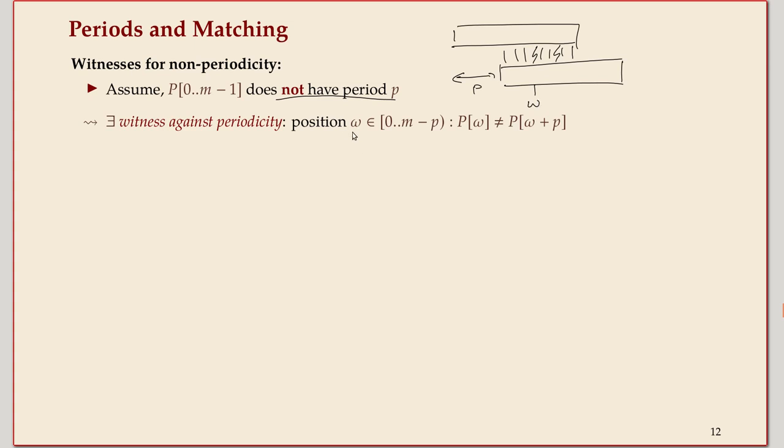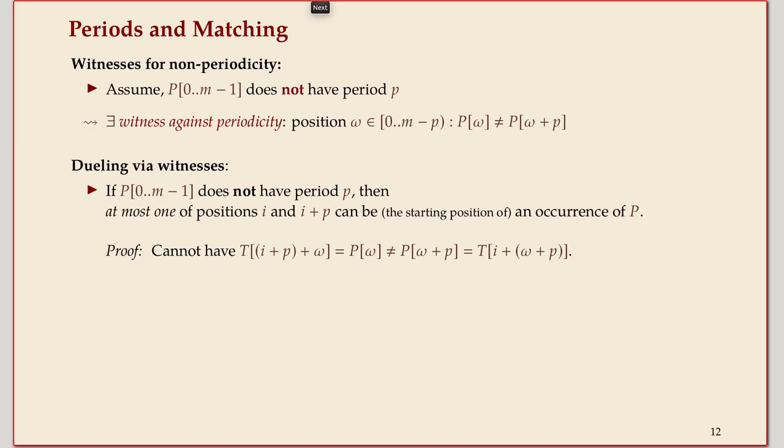So we find a witness that shows that if I compare this character at that position with the one up here, that's omega plus p, there's a mismatch. OK. Again, the question, why does that help with string matching? We'll get there.